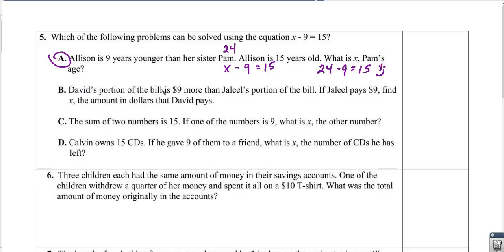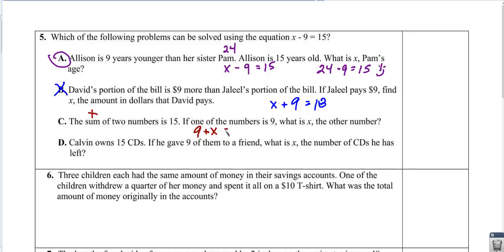How about B? David's portion of the bill is 9 more. Jael pays 9, so David pays 9 more. So we've got x plus 9. Nope, that one doesn't fit at all. C, the sum, that's addition, of two numbers is 15.